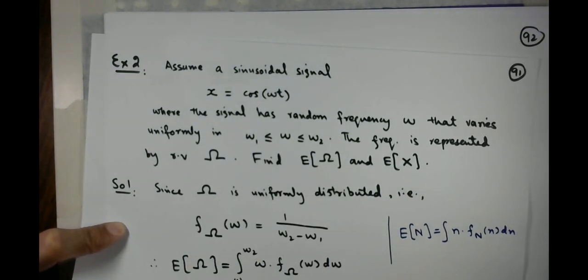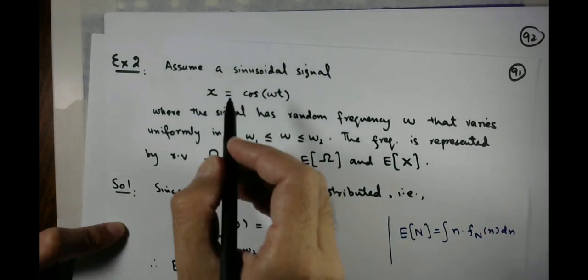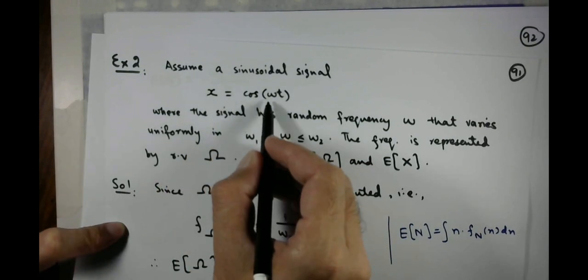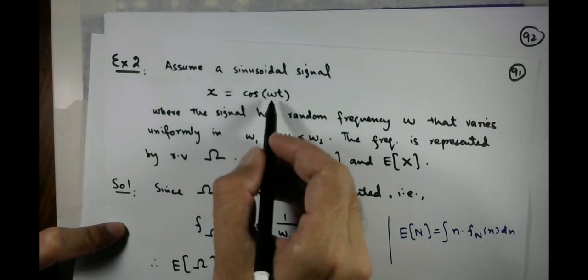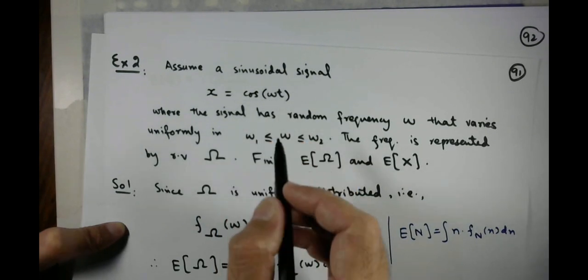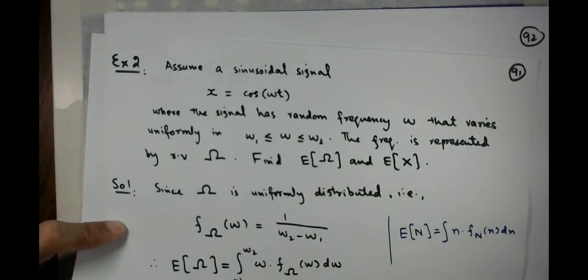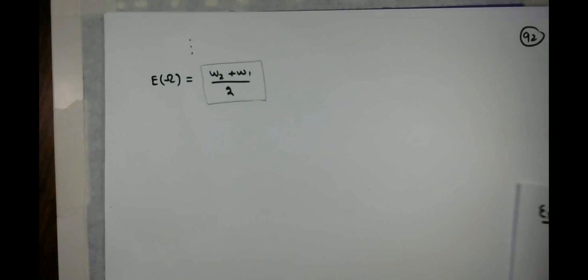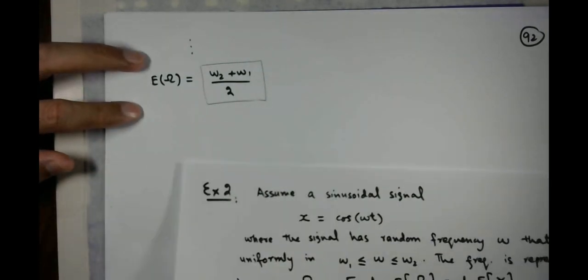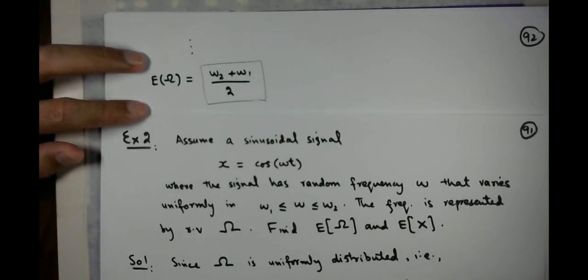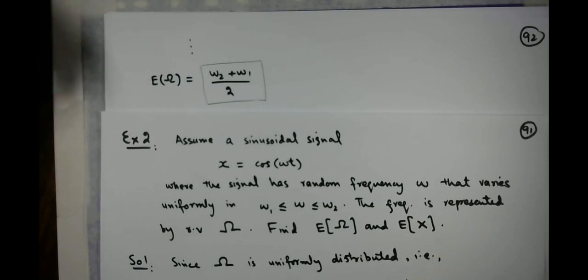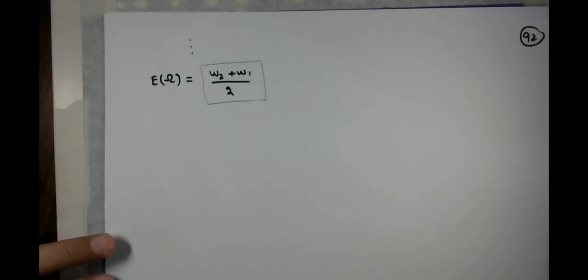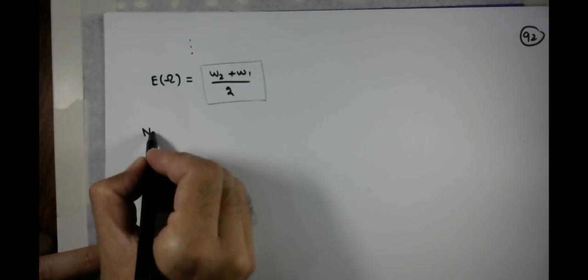So the relation is between two random variables, x and omega. The distribution and the range of omega is given in the statement of the question. So as yet we have been able to find the expectation of omega, but now we'll attempt to find the expectation of x.